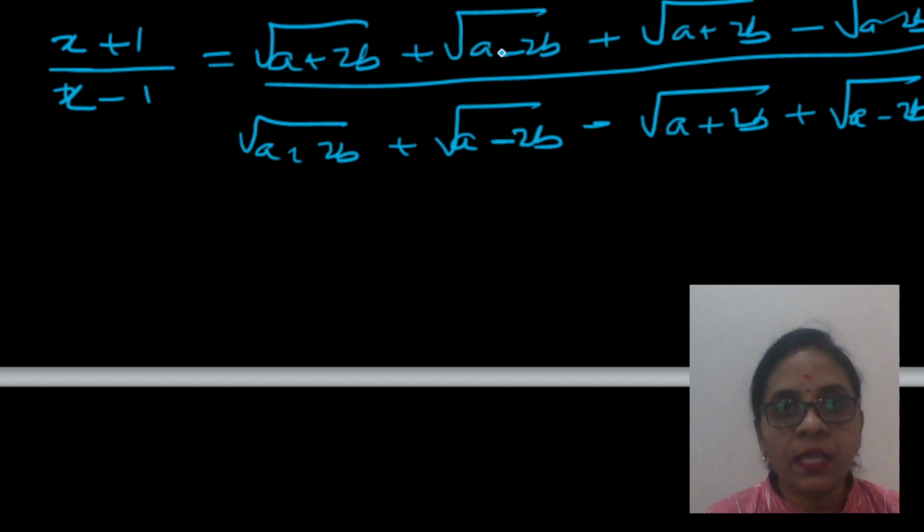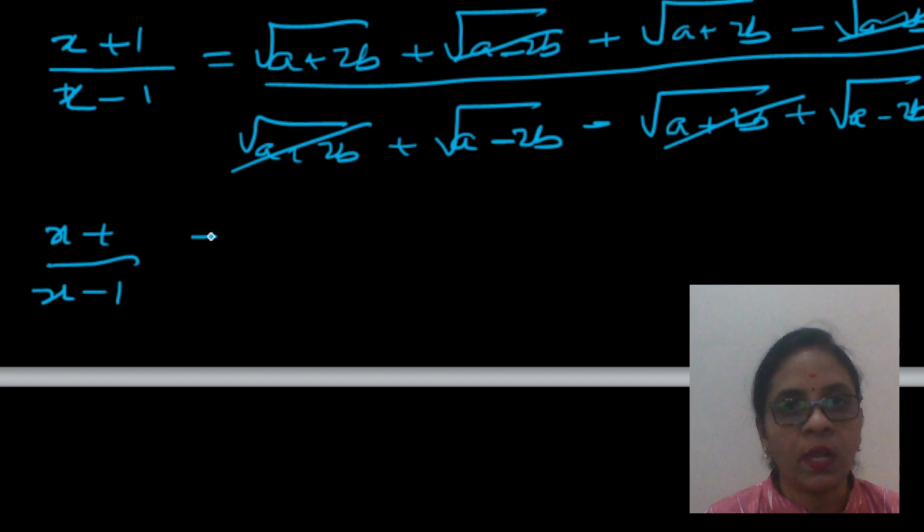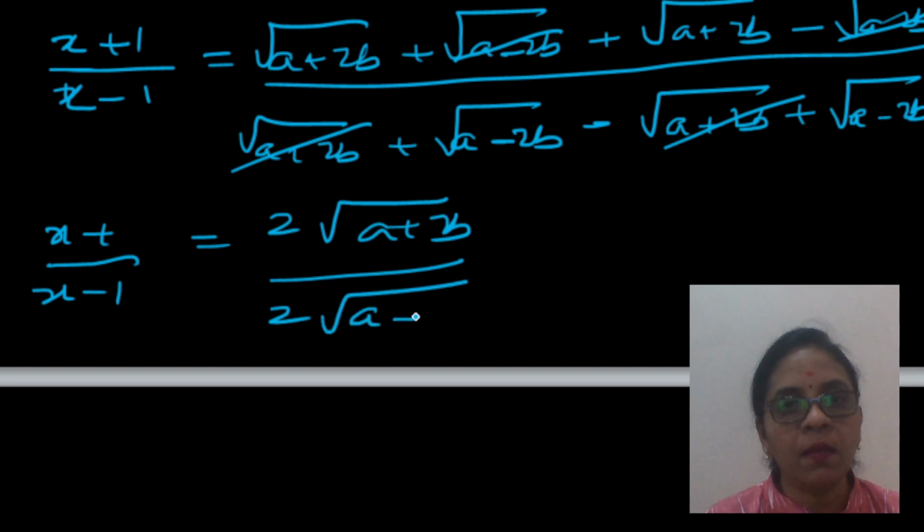Now if you see, we can cancel root(a − 2b) and we can cancel root(a + 2b). So we have (x + 1)/(x − 1) is equal to 2 root(a + 2b) by 2 root(a − 2b). 2 and 2 get cancelled, never ever cancel the root and root, children.